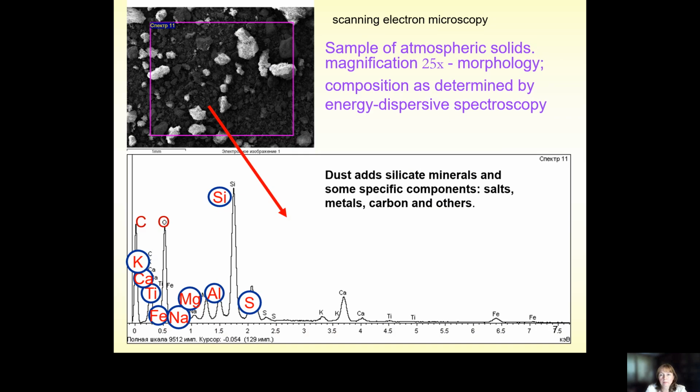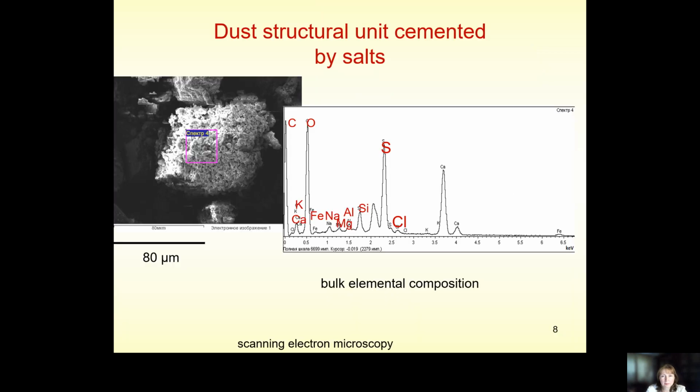The dust amount deposited on the soil surface is not large. However, dust adds not only silicate minerals, but some specific components, metals, black carbon, and others. The spectrum only shows elements with relatively high total concentration, more than 1%.